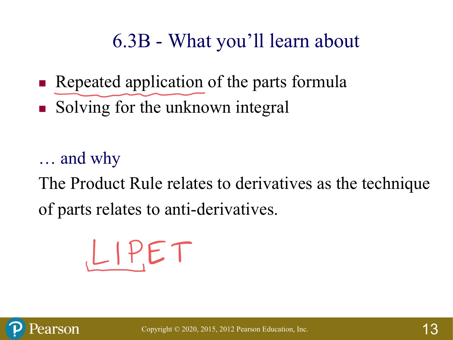But an exponential just keeps being an exponential. And what about a trig, like sine? Its derivative is a different function, but it's still a trig function, and its derivative would still be a trig function, and you're stuck in this never-ending loop. Okay, so how do we handle that? All right, so that's our job for today.